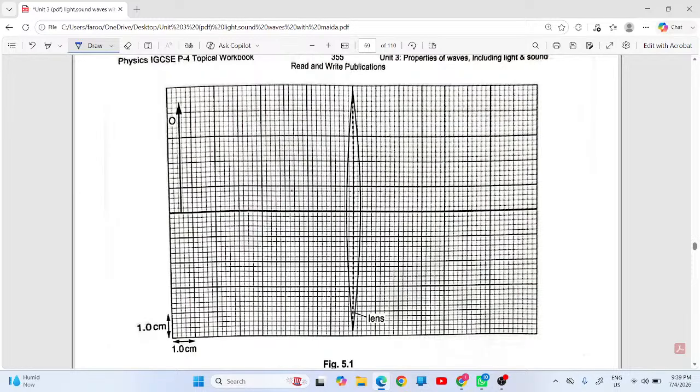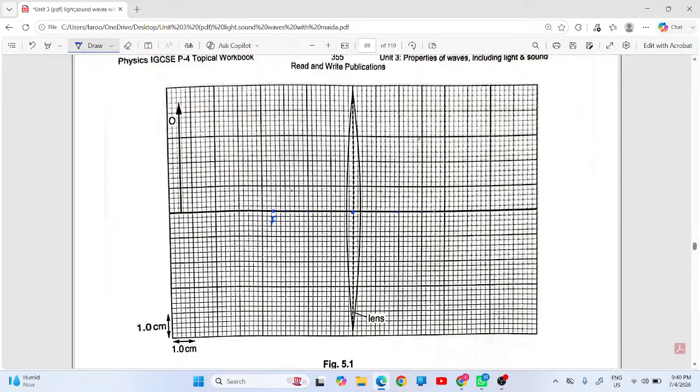Figure 5.1 drawn to scale shows a thin converging lens of a focal length 3.5 centimeter. The focal length is 3.5 centimeter. Okay, so first we have to draw the position of focal length. Focal length बच्चे यहाँ पे we have 0, zero है. So this is 1, 2, 3, or this is half. 3.5 is here.